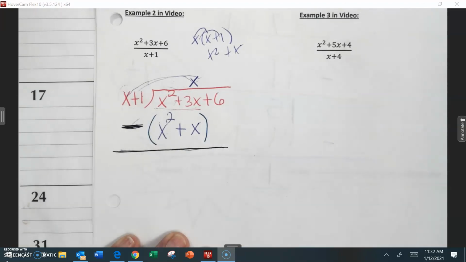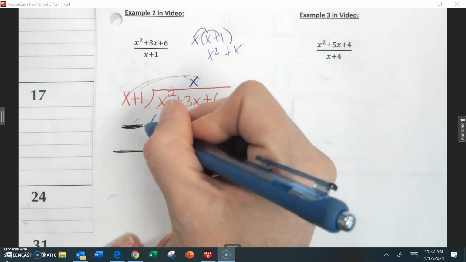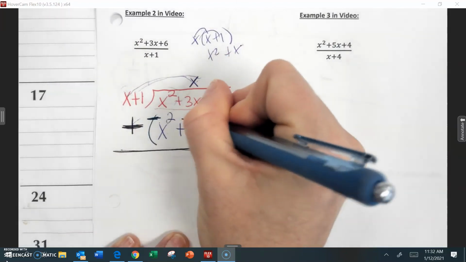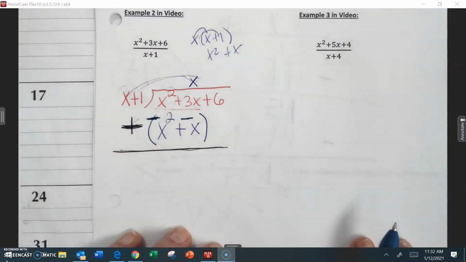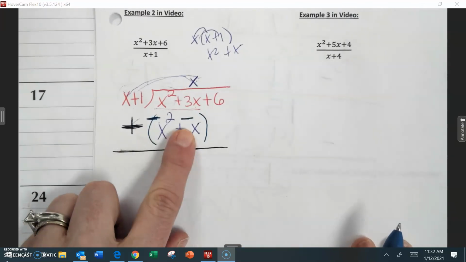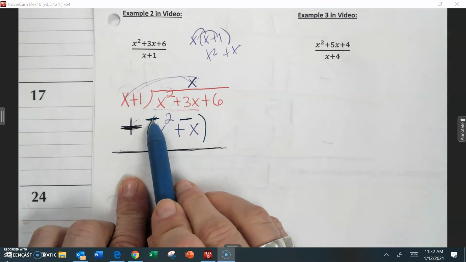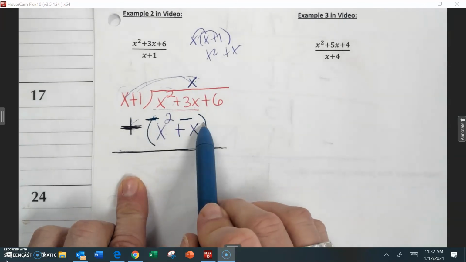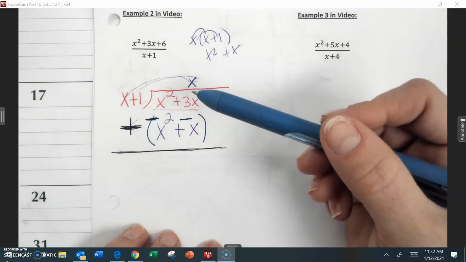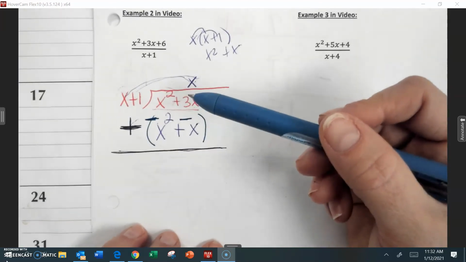Well, if you can remember back in the day when you were in elementary school, when you subtract, that's the same thing as adding a negative. So sometimes students are like, oh, that helps you remember. This is the same thing as subtracting the binomial. Do you see how I already distributed the negative to each term? So now it makes it easier. This should always happen.